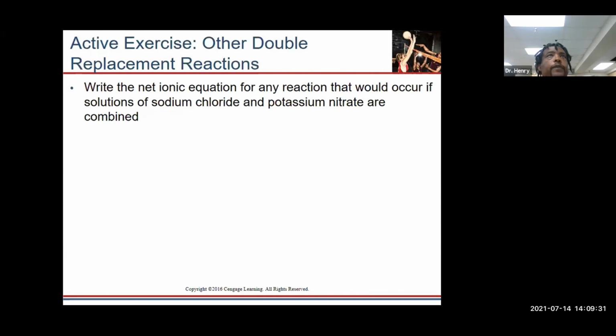Okay, so there are cases when we have a double replacement reaction and there are going to be no products, right? That happens when everything totally dissociates. So we have sodium chloride, NaCl, plus potassium nitrate, which is KNO3.